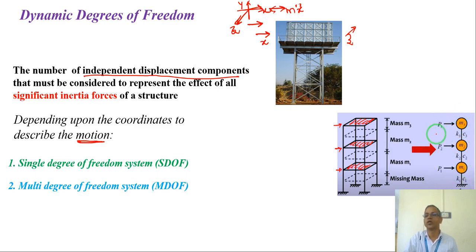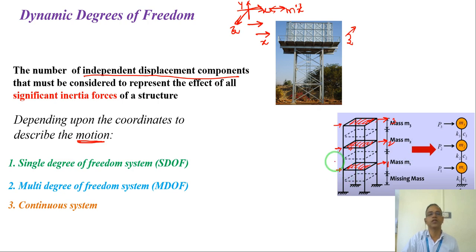Each floor of the building is vibrating or moving in the horizontal direction. So I am interested to know the coordinates of those floors in the horizontal direction. So this will be 1, 2 and 3. So this is 3 degrees of freedom. We call it a multi-degree of freedom system, anything more than 2.